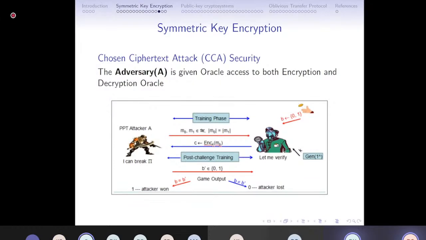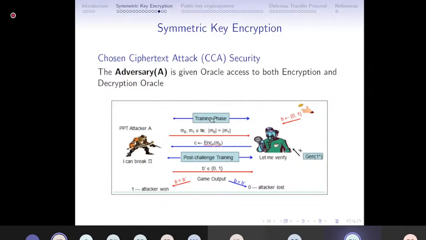But in the case of a chosen ciphertext attack, we give not only the encryption oracle but also the decryption oracle to the adversary. That means the attacker, based on his or her choice, can take a message and encrypt it into a ciphertext, or can also choose a ciphertext and convert it into plaintext.